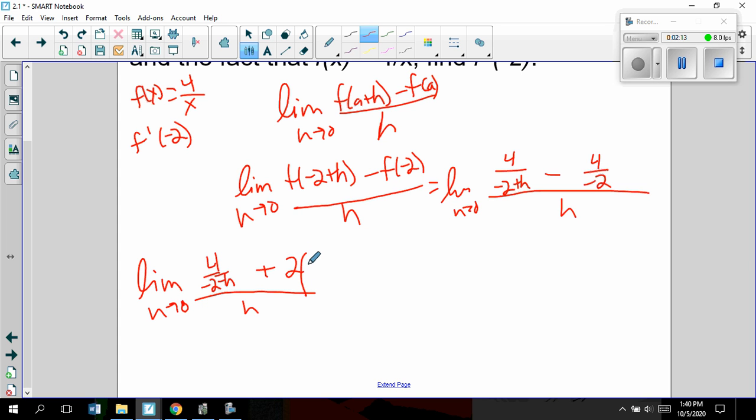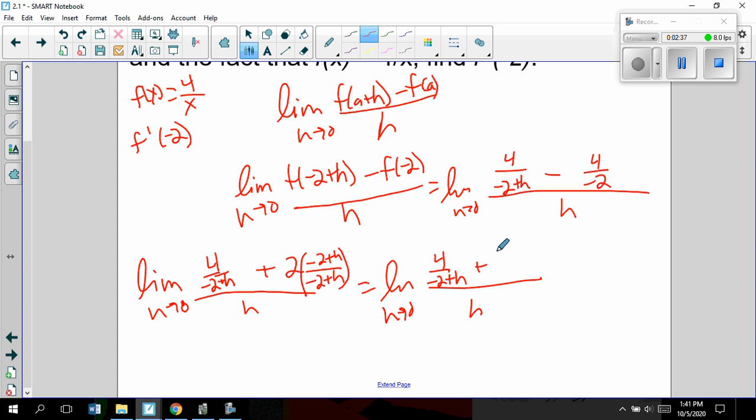So in order to get a common denominator, I am going to multiply my 2 by that denominator over itself. So it's like a version of 1 that contains that denominator. Keep these separate for a little bit here so you can see my steps.